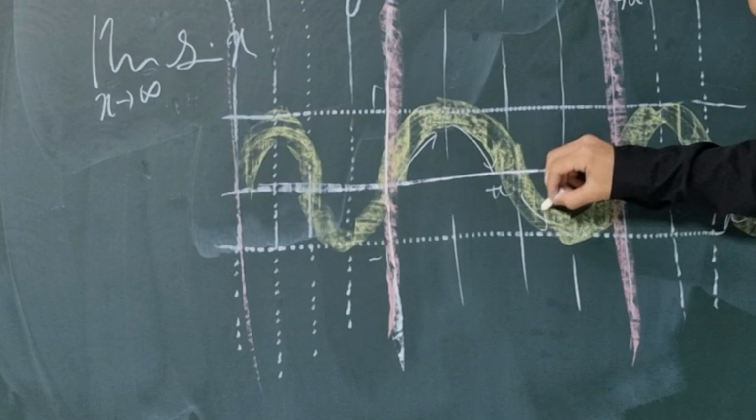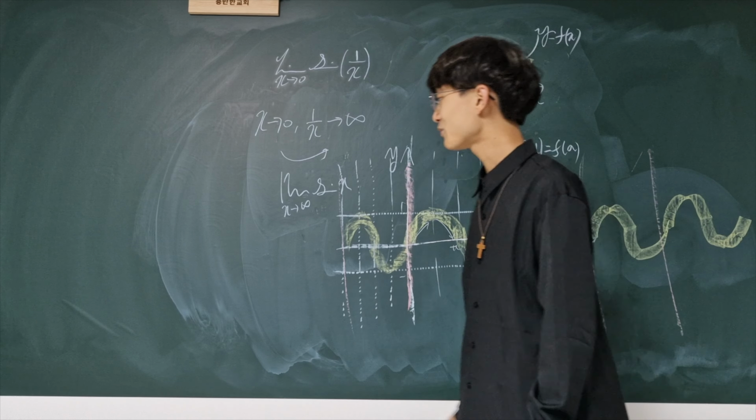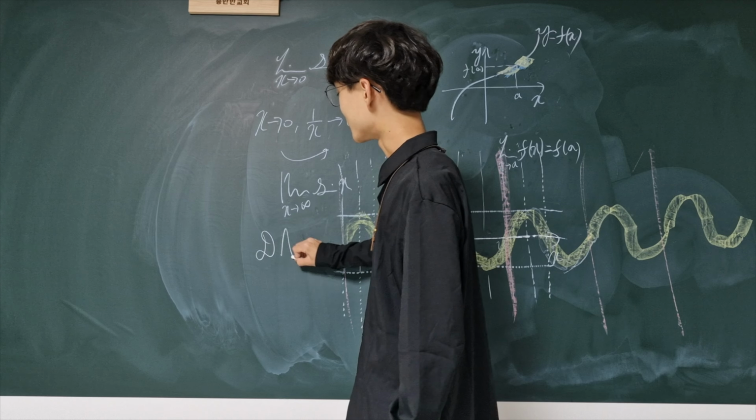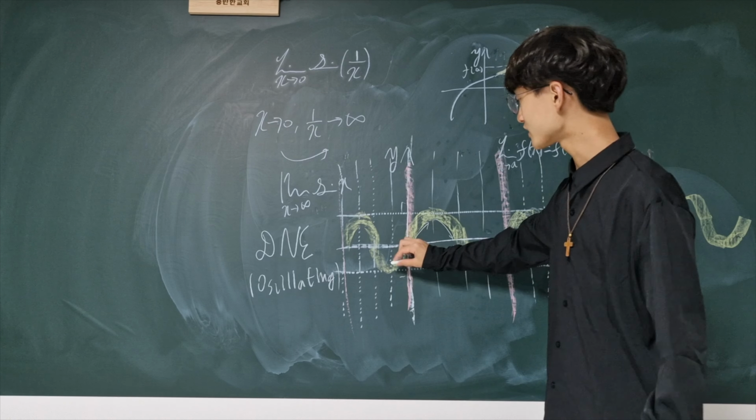No, 0. No, -0.5. No, -1, 0. Then what is the limit? Well, simple answer, it does not exist. Simple reason, it's oscillating. Yes, the function is oscillating.